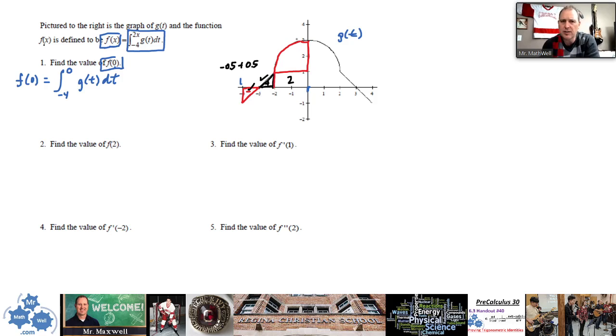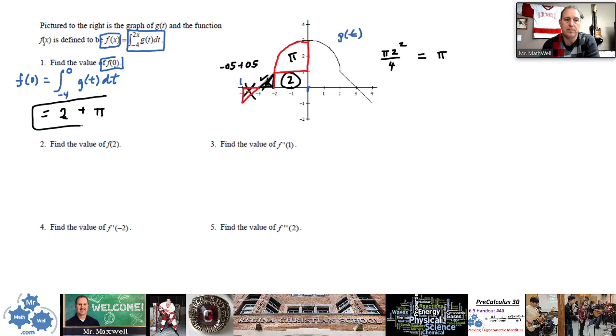And this right here is a quarter of a circle with radius of 2, so pi times 2 squared over 4, which is just equal to pi. These two cancel out, and I have 2 plus pi.